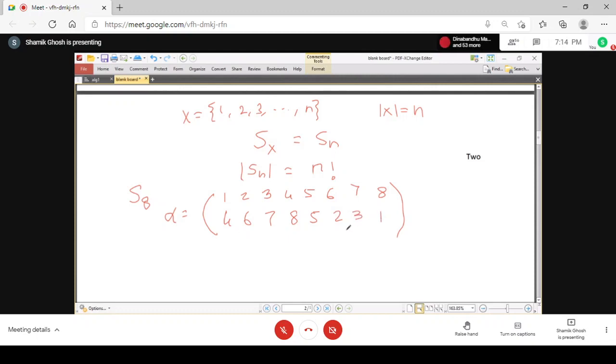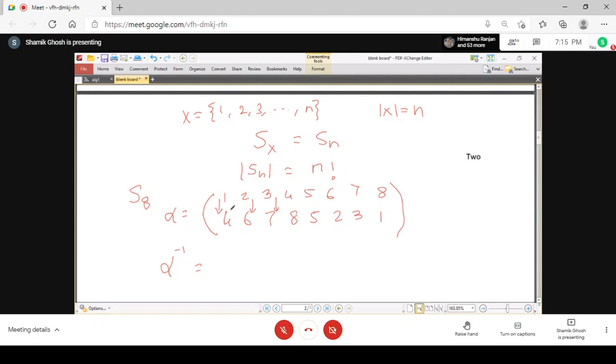So suppose this is one map, and how can we calculate the inverse of this? You can remember this is the map that we are representing here: 1 goes to 4, 2 goes to 6, 3 goes to 7, like that. So what will be the inverse?